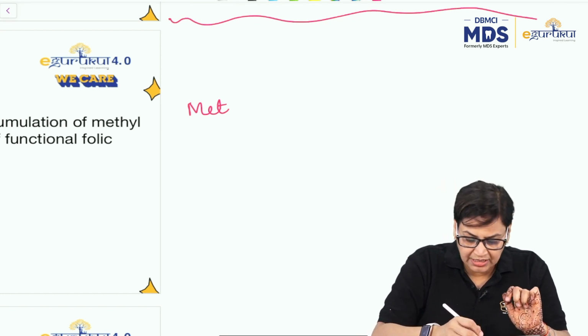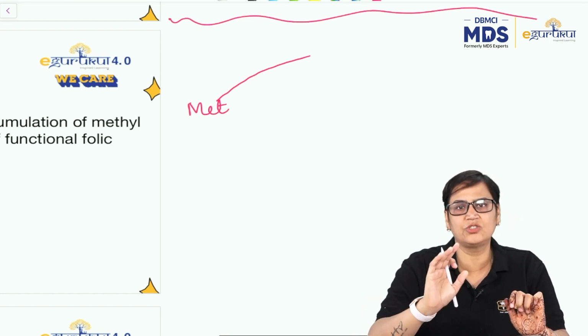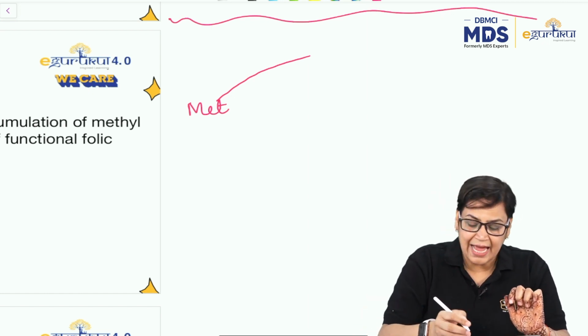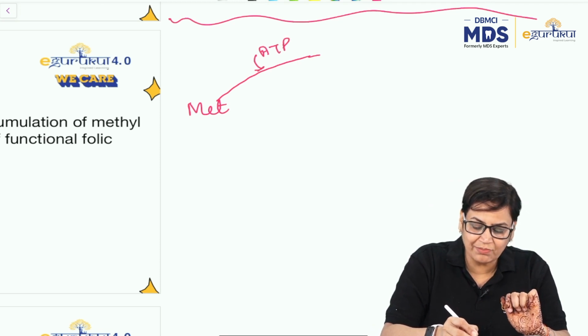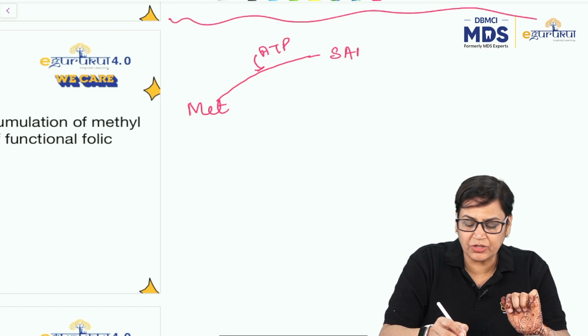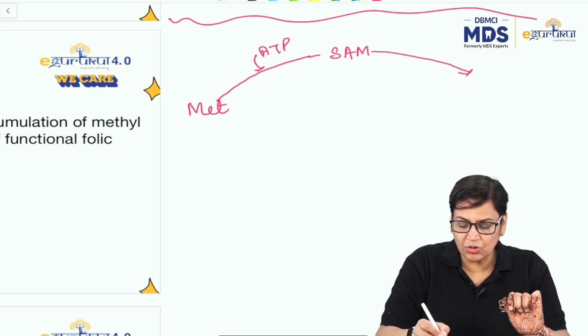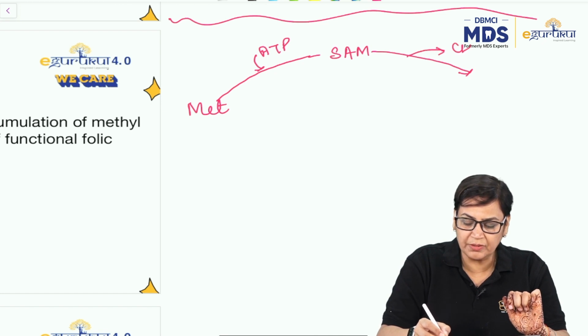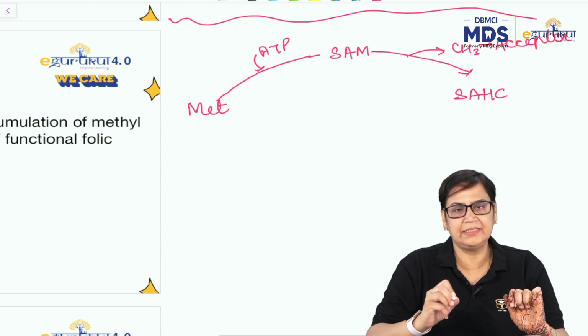So this methionine, before it donates a methyl group, needs to be activated. Obviously, for activation it requires ATP. So it forms S-adenosyl methionine, which is SAM. This S-adenosyl methionine donates this methyl group to the acceptor and is converted into S-adenosyl homocysteine.